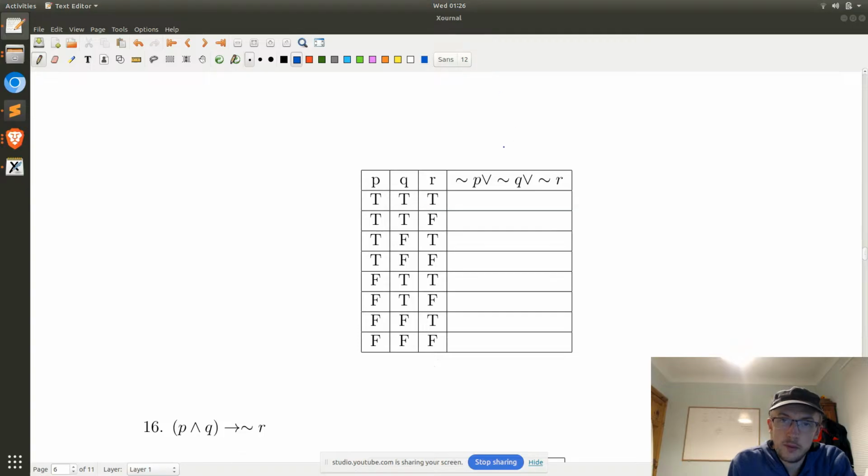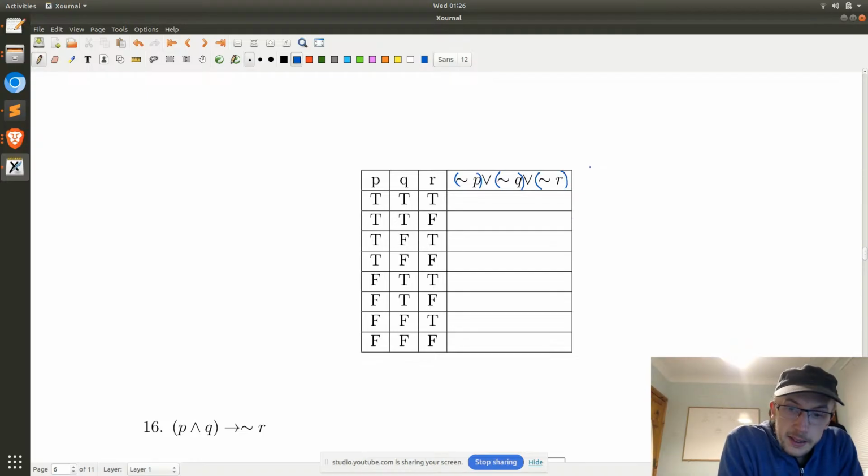Right. Order of precedence, yes? So okay, it's a disjunction of three variables, like alpha or beta or gamma.